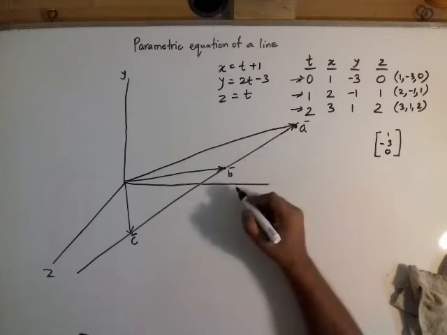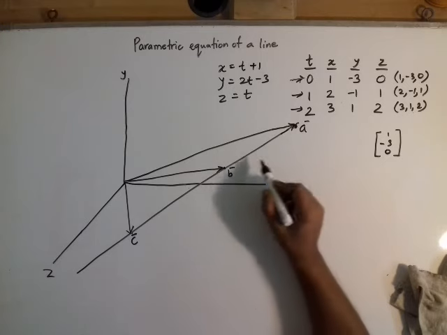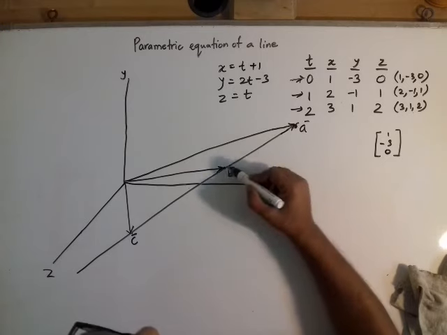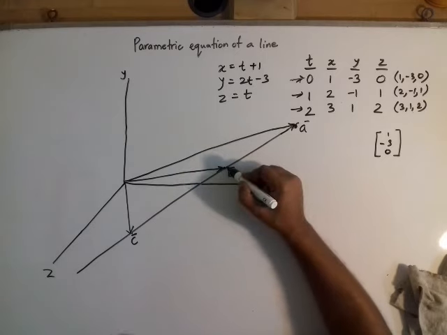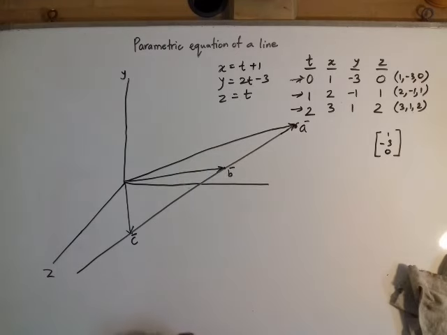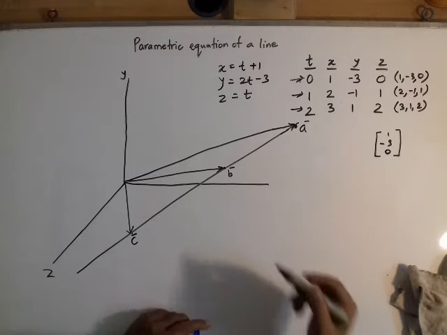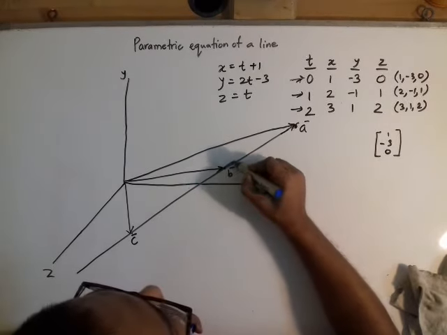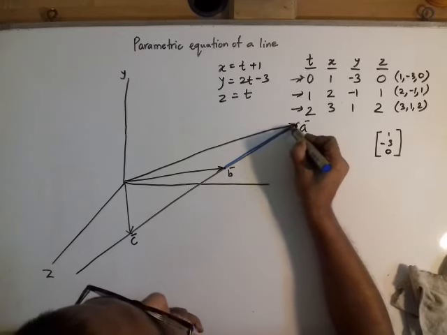A minus B, right? If you remember the head to tail positioning, then A minus B is really, let me get some colored pens here. So A minus B is this vector right here, right?